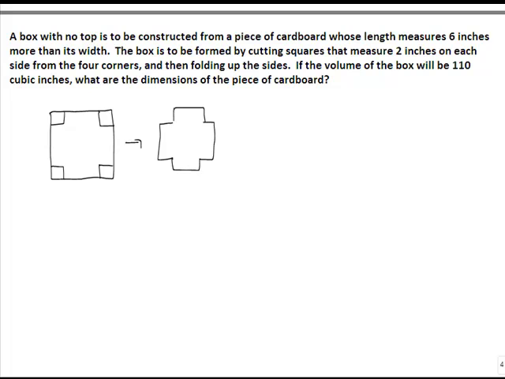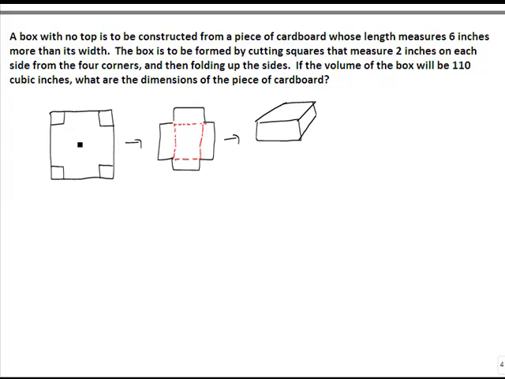Then to construct our box, we fold along these little dashed red lines, and these become the 4 flaps, which we fold up on all 4 sides. When we do that, we tape them together and we get a box. The box doesn't have a top, it's open on top, but the 4 sides come from these 4 flaps, and the base is this red rectangle in the middle. So that's how we're constructing our box.